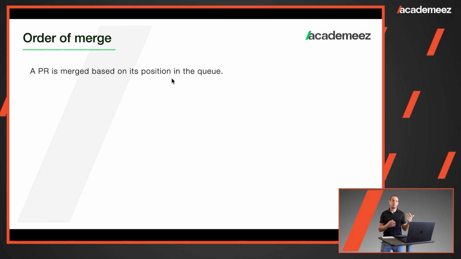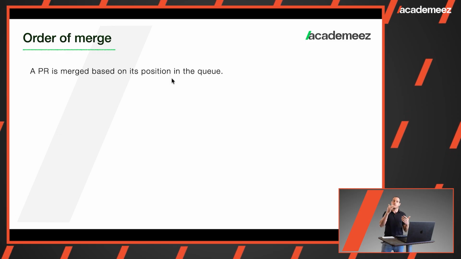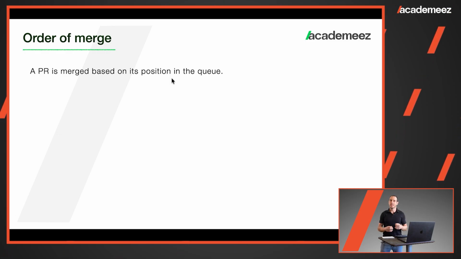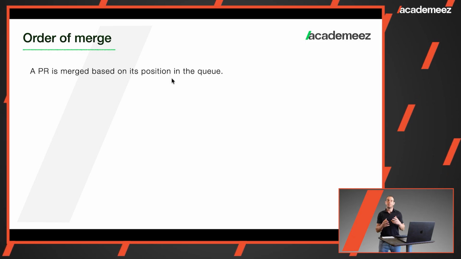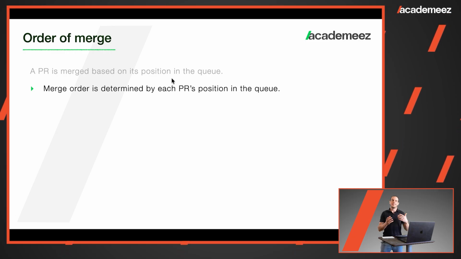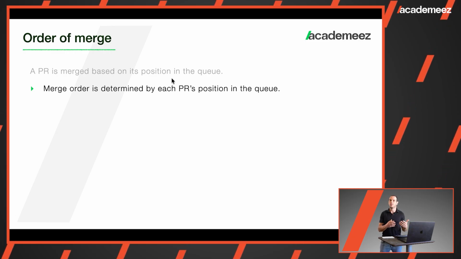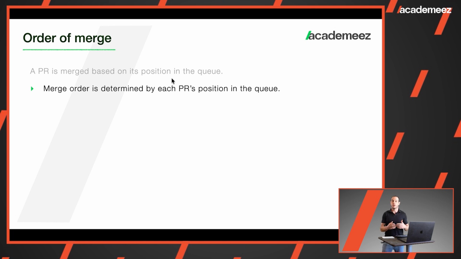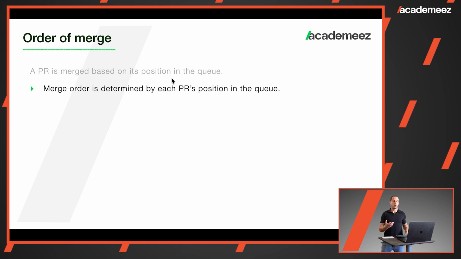So the merge queue can also decide that a certain PR will be removed from the queue. Then your PR might be bumped in line to a more advanced place in line. So the merge queue decides the order of merge based on the entrance of PRs to the merge queue, as well as whether they pass the checks or not, or whether it should remove them or not. So merge order is determined by each PR's position in the queue.